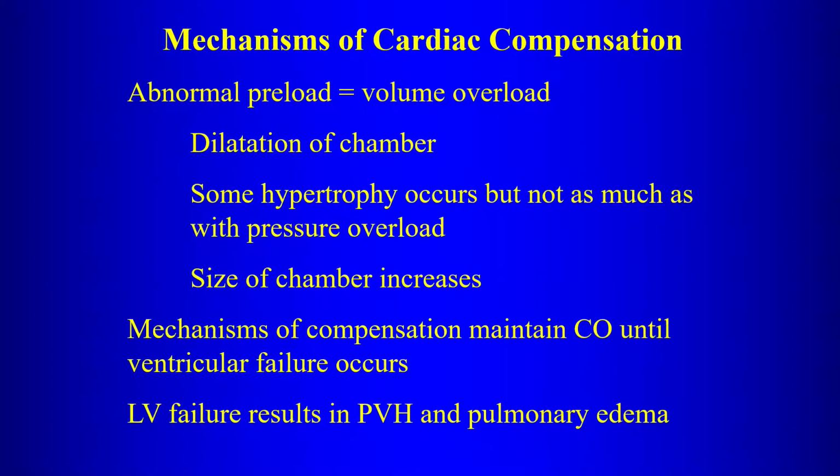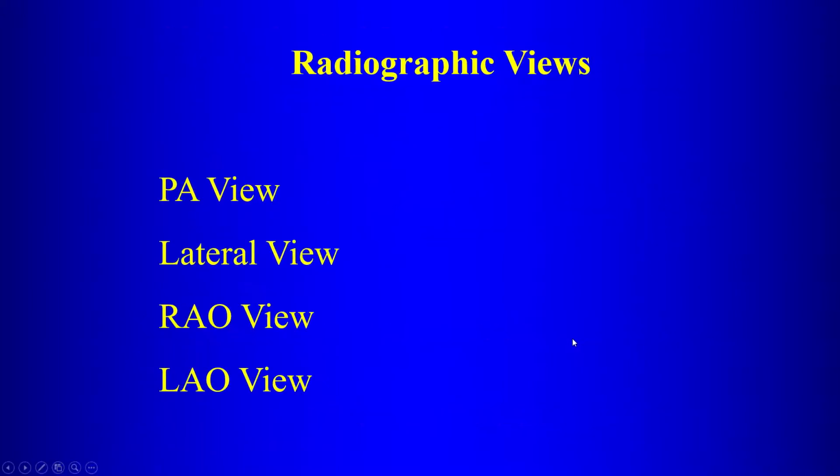Here we do get dilatation of chambers. We get some hypertrophy, but not as much as with pressure overload. The size of the chamber does increase, and our mechanisms of compensation will try to maintain the cardiac output until ventricular failure occurs. And we know that left ventricular failure results in pulmonary venous hypertension and pulmonary edema.